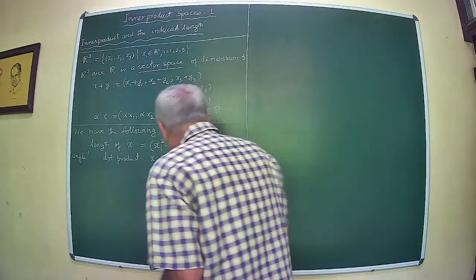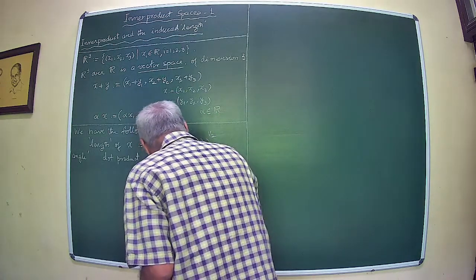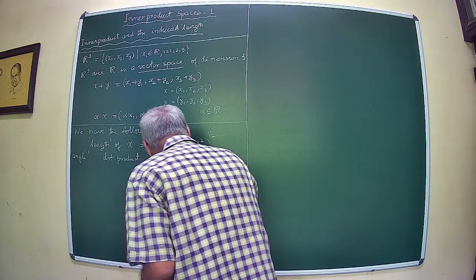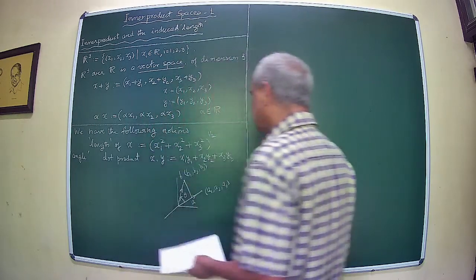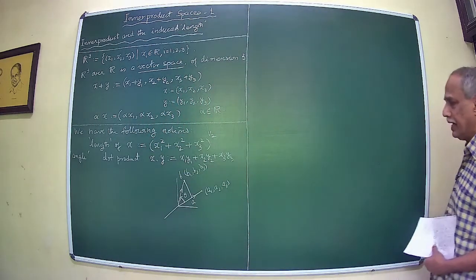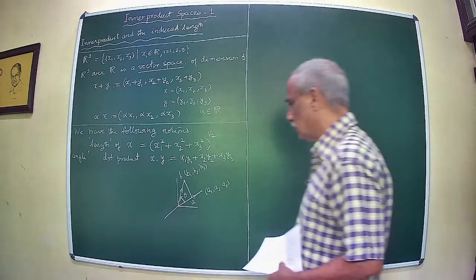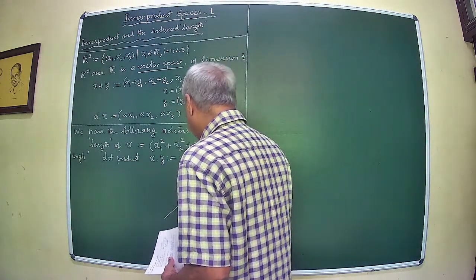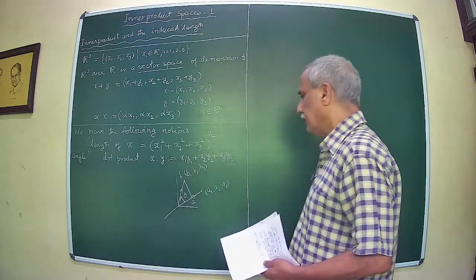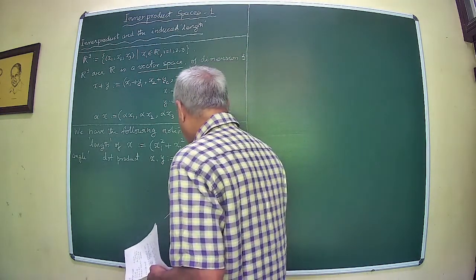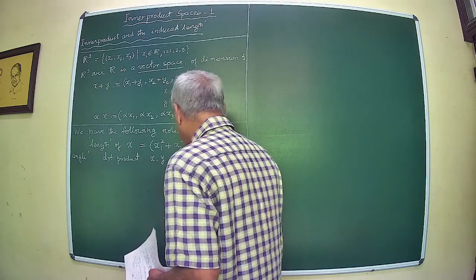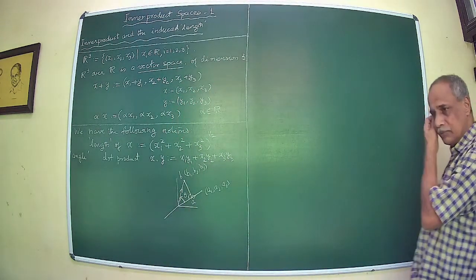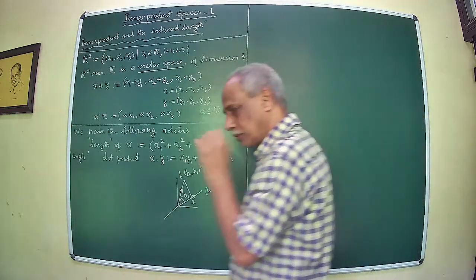So what we do is we draw a line in the plane determined by A and B so that it is perpendicular to the line or the vector A. We have not said anything about what is orthogonal or dot product equal to 0.